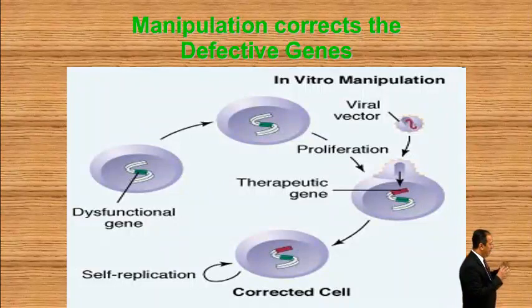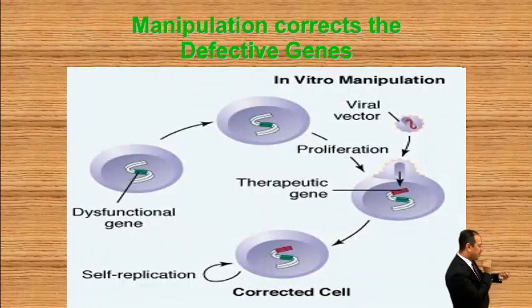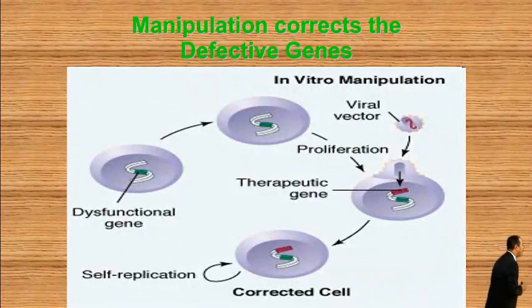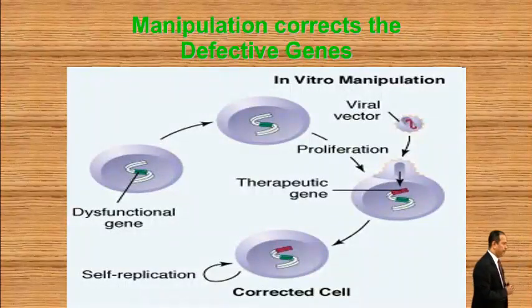Gene therapy, I repeat this very important sentence: this therapy is the insertion or introduction of the therapeutic gene instead of the non-functional gene to create a functional protein that provides the healthy characteristics.